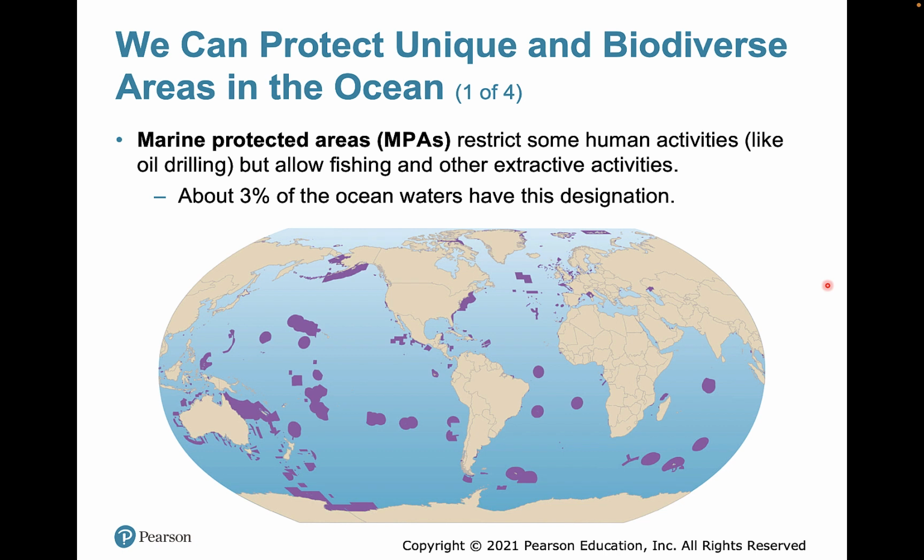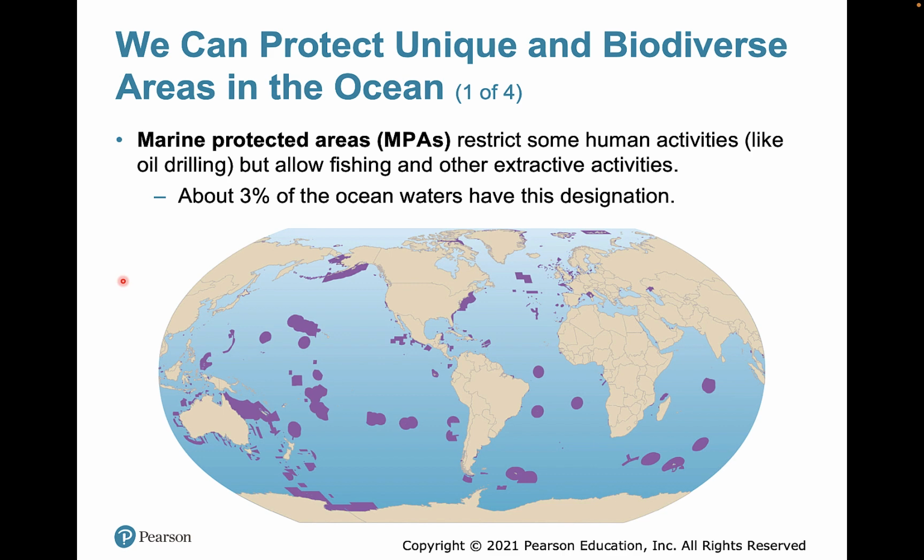So we can set marine protected areas, much like we set preserves on the land, that don't allow oil drilling, but they allow for fishing and that kind of thing. So there are areas, these purple areas, about 3% of the ocean's waters have that designation. So you can't drill, but you can fish, right?